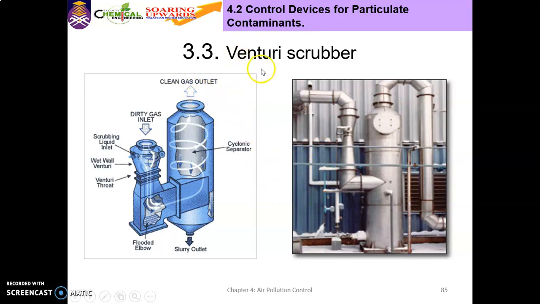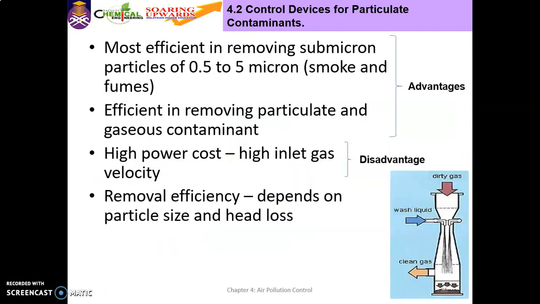So this is another type, which is the Venturi scrubber. It is called Venturi because it has a Venturi throat here. The dirty gas inlet is at the bottom, and it also has a cyclonic separator.